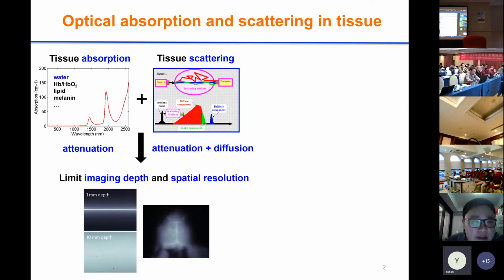As we know, biological tissues have optical absorption and scattering. Both of these factors limit the imaging depth and spatial resolution. Tissue absorption decreases the intensity of light, which is called attenuation.